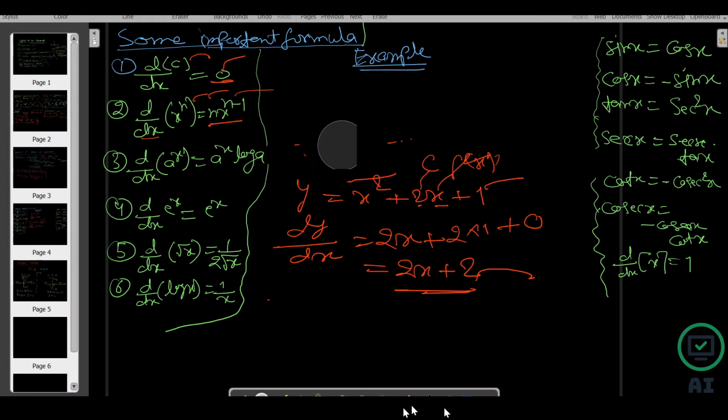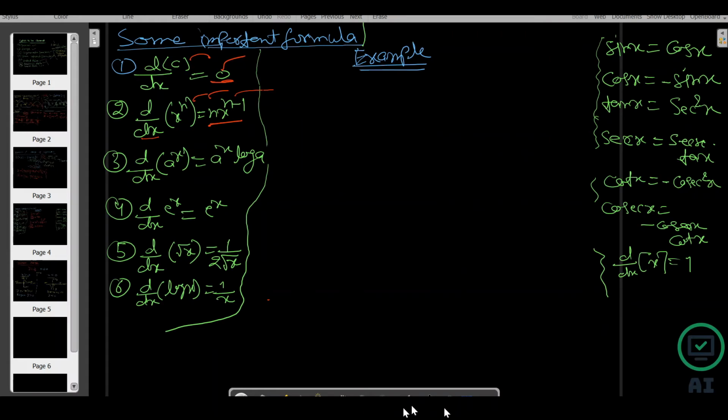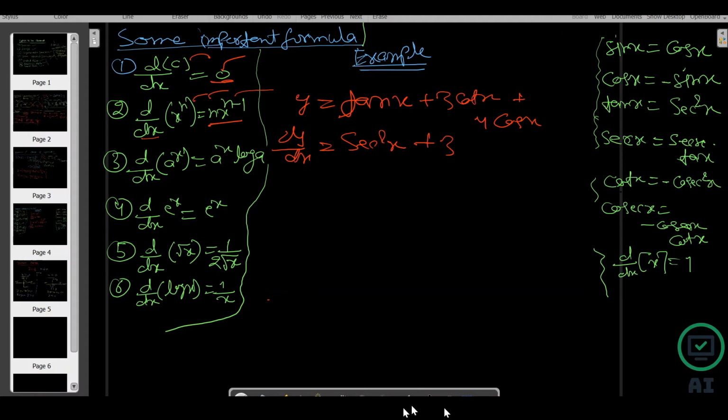So let's see one more couple of examples. If you have a function y equal to tan x plus 3 cot x plus 4 cos x, then dy by dx of tan x is sec square x, plus 3 cot x, you can see here, minus cosec square x, plus 4 cos x, whose differentiation is minus sin x.